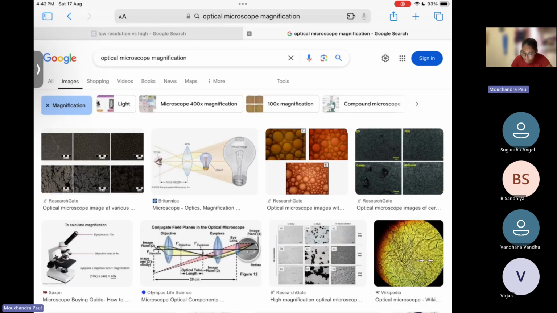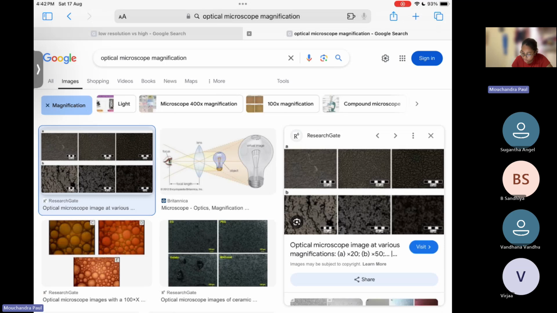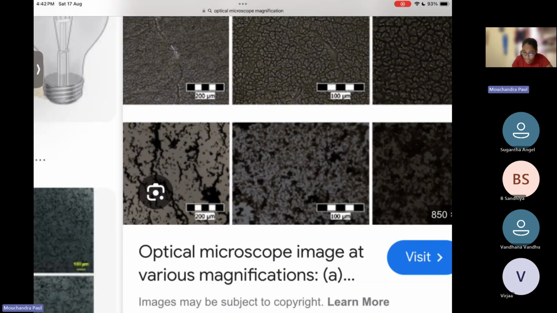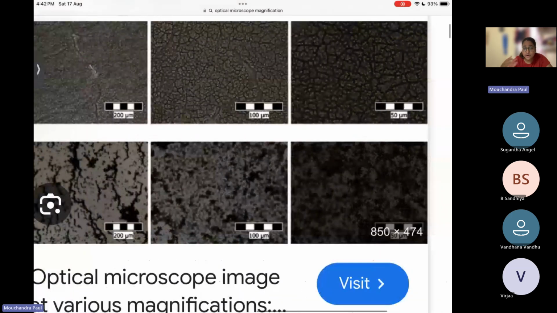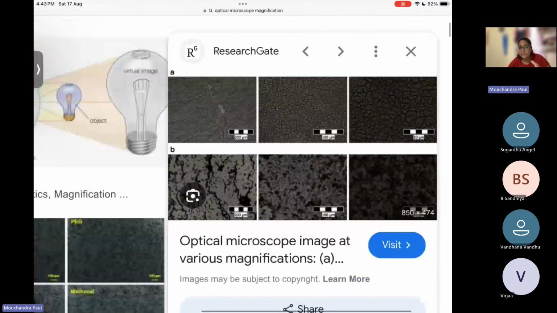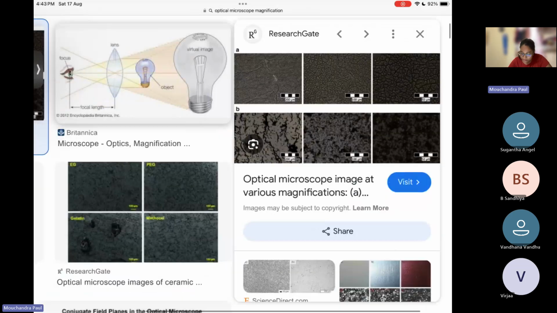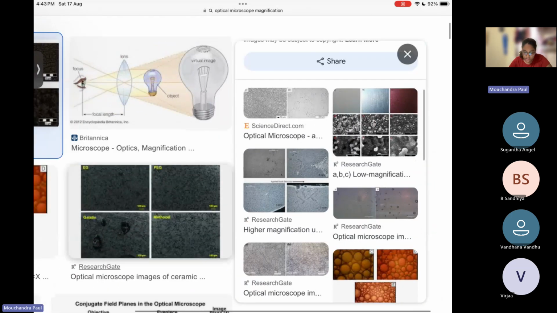This is an image of what optical microscopy will give you. They have captured one thing at different magnifications. It is not as beautiful as the fluorescence and SEM images, but this is how they look in general. It can help you see the structure of cells.